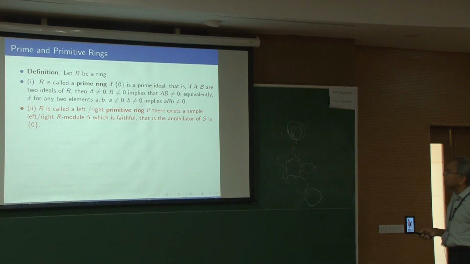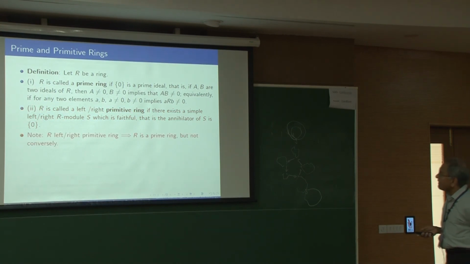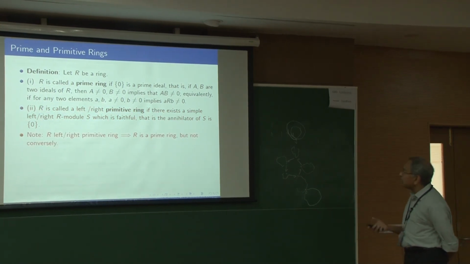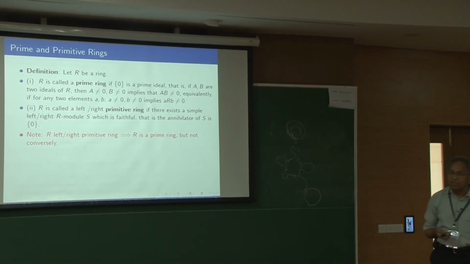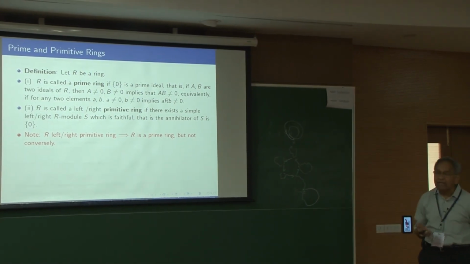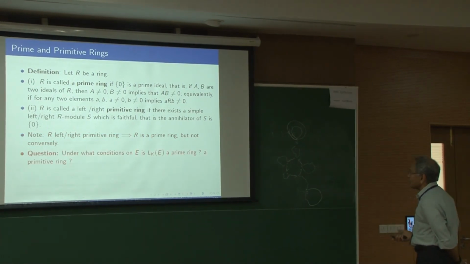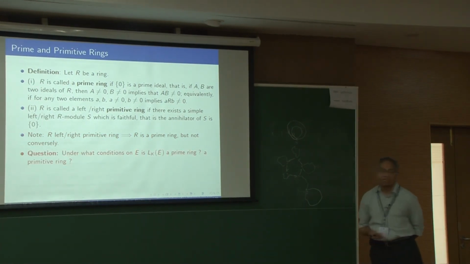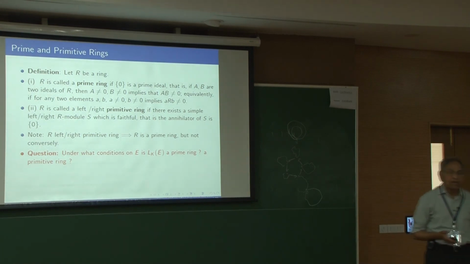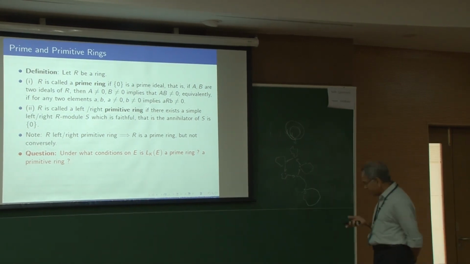No non-zero element of R annihilates this simple module. Of course, the primitive property always implies the prime property. Any primitive ring is always a prime ring, but not conversely. The natural question is under what conditions a path algebra is a prime ring, and when it is a primitive ring.